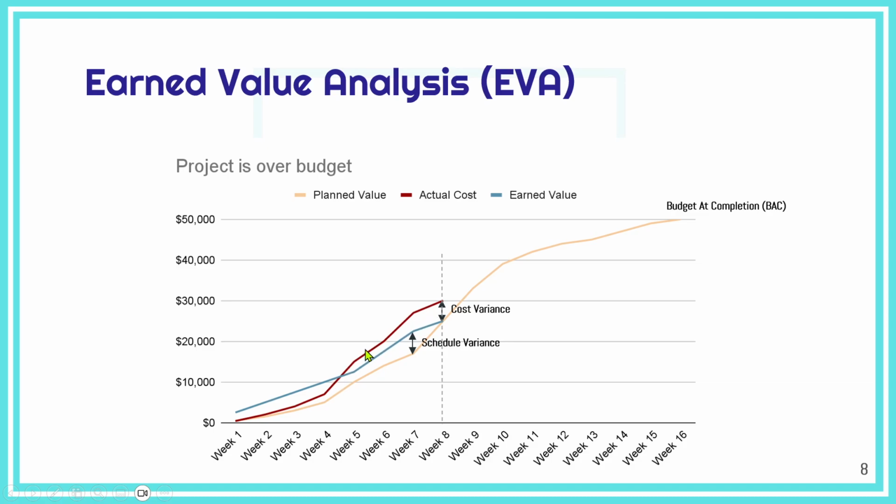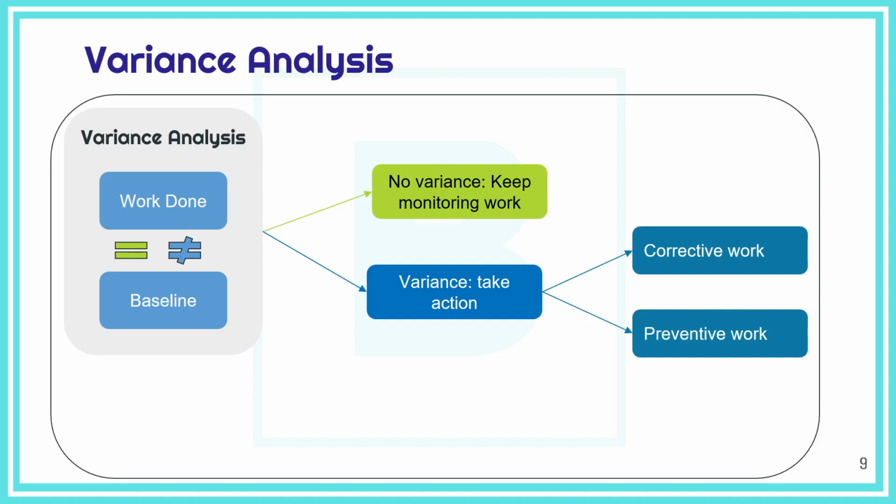When there is a difference between the line of the work completed and the line of the plan, that difference is called schedule variance. And when there is a difference between the line of the actual cost and the line of the work completed, that variance is called cost variance. We will see later how to calculate that.